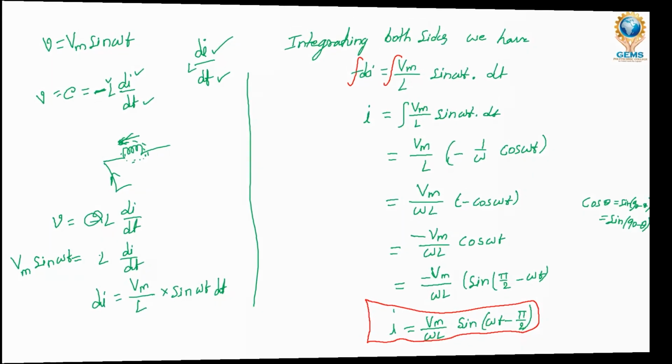You can see the I. Here we have I equals Vm by omega L into sine omega t minus pi by 2, and we have one more formula, Im equals Vm by omega L. If we substitute this here, we will get I equals Im sine omega t minus pi by 2.